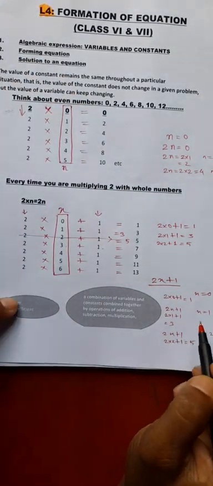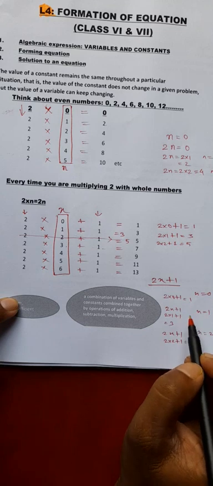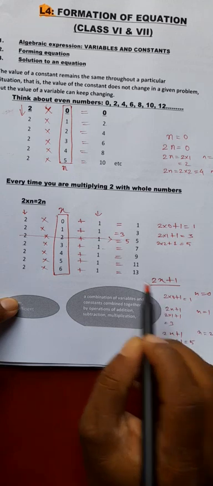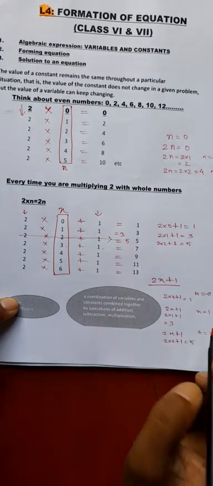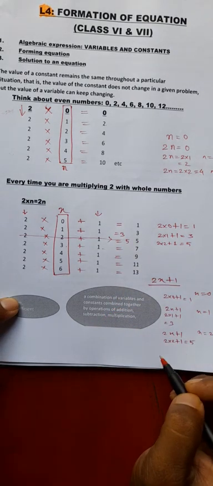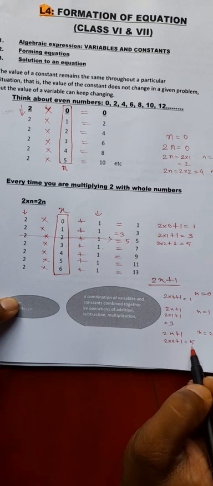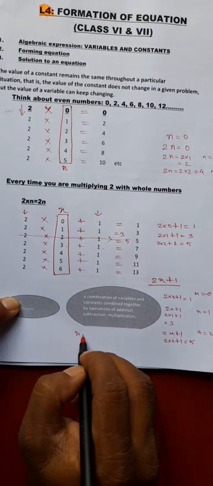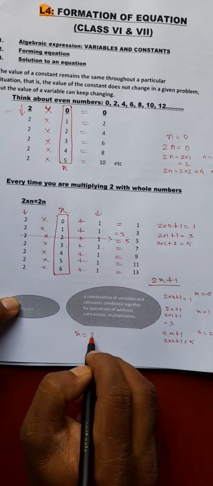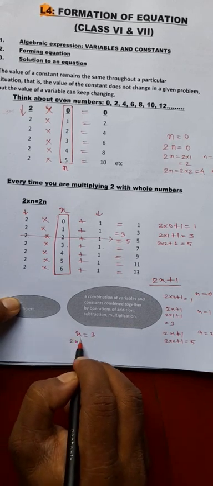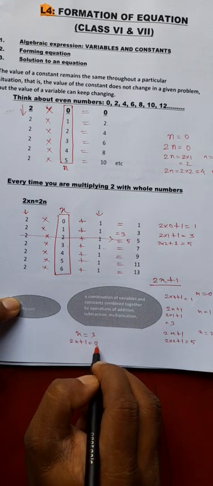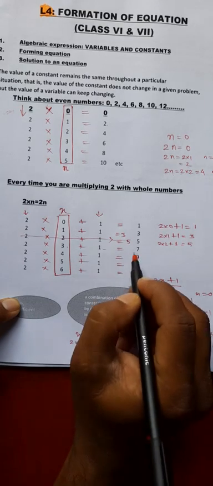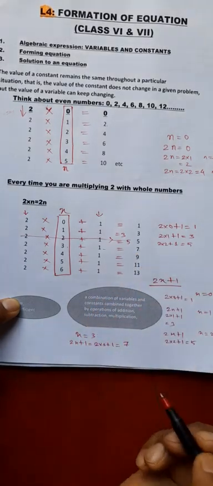Then when you consider x equal to 1, 2 1s are 2 plus 1 is 3, you get the second odd number. When you consider x equal to 2, you multiply 2 by 2 is 4 plus 1 is 5, you get the third odd number. When you consider x equal to 3, twice x plus 1 means 2 into 3 plus 1 equal to 7, you get the next odd number, and so on.